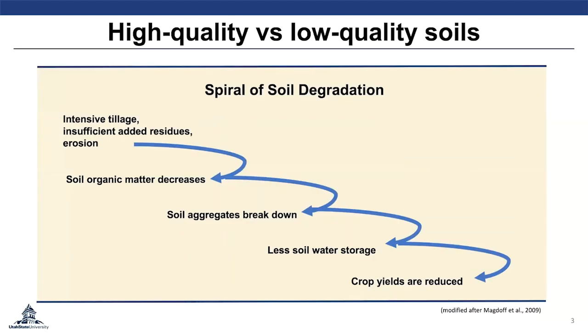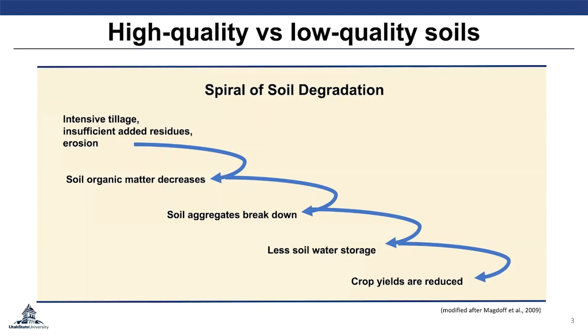And in contrast with looking at how do we even get to low quality soils, there's this spiral of soil degradation that's been identified in soil research, and it really kind of begins with really highly intensive tillage and not providing enough residues back into the soil to improve organic matter. And without those residues, you're going to increase risk of wind and water soil erosion.